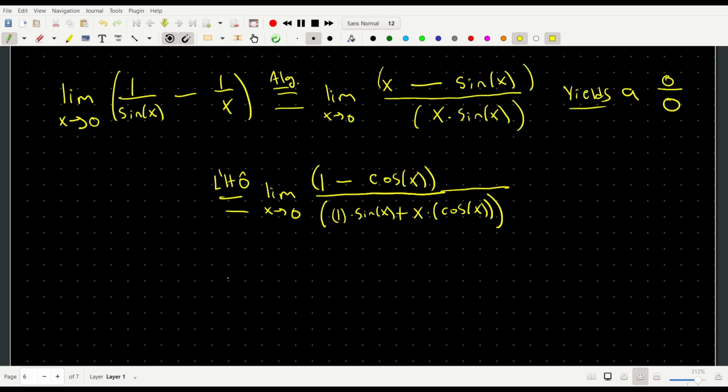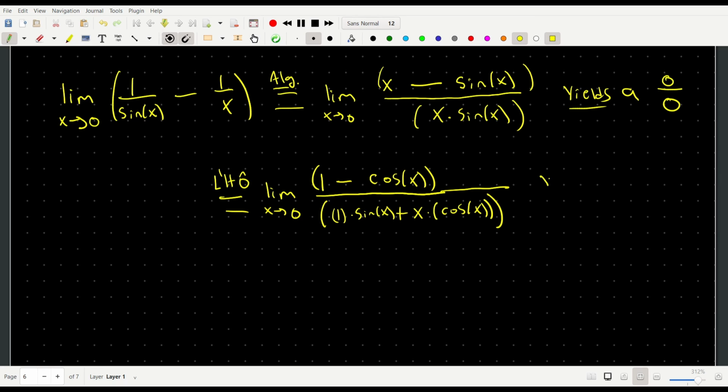And so now we've got to re-look at this to make sure that we're not still getting an indeterminate form. Sure enough, let's take a look. When we plug in 0 here, we get 1 minus cosine of 0, which is 1 minus 1, or 0 for the numerator. And for the denominator, we get sine of 0 plus 0 times cosine of 0, which is 0 plus 0 times 1, which is also 0.